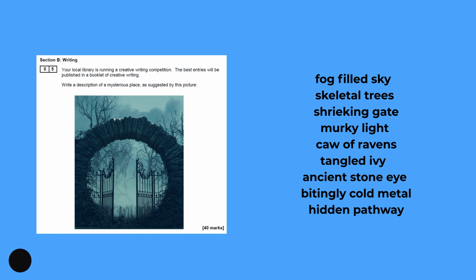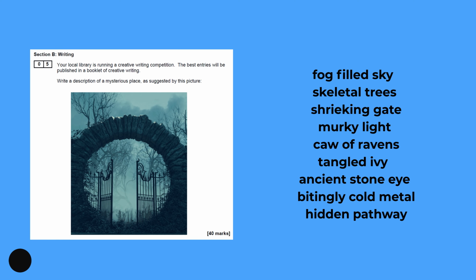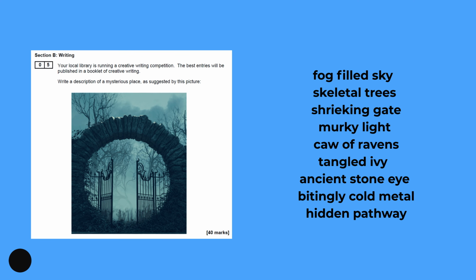So like I said before, this particular writing prompt and this particular picture really sparked my imagination. I particularly like spooky stories, mysterious descriptions. So here are some of the things that I came up with just from looking at the picture for some notes to help me plan.